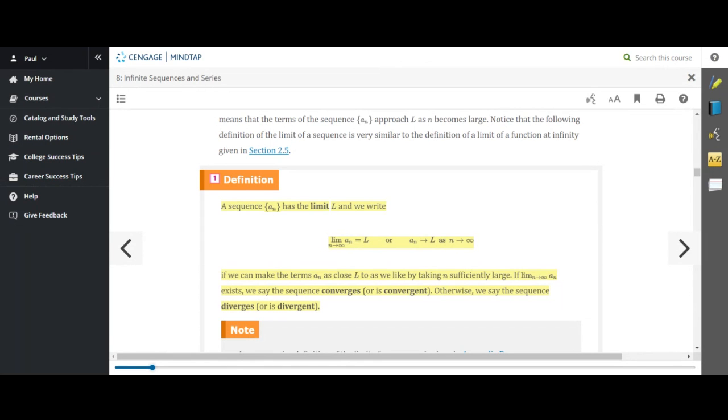Two different ways to say that a sequence has a limit. So the sequence will have a limit L if we can make the terms of the sequence as close to L as we like by taking n sufficiently large. And when the sequence has a limit, we say the sequence converges or is convergent. Otherwise, we say the sequence diverges or is divergent.